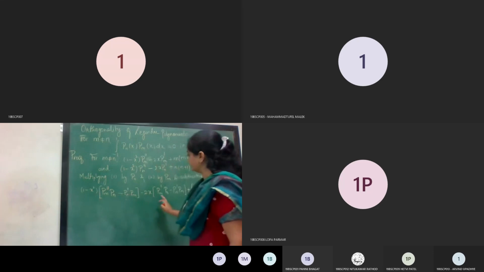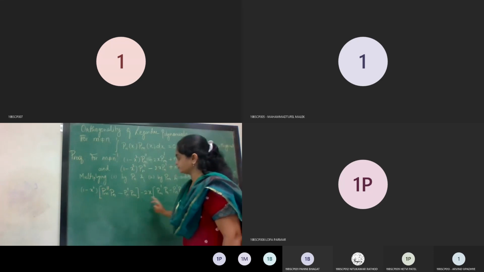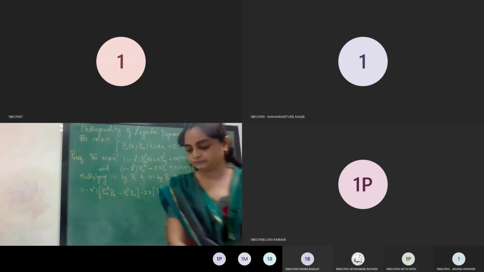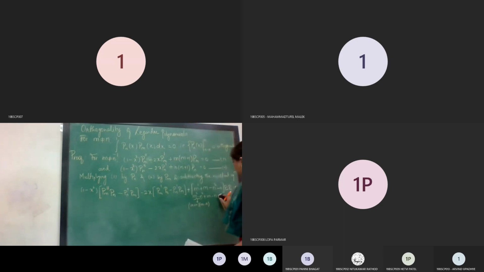We are going to combine these two terms. How are we going to combine these two terms? Let us see. I will write this term as m minus n, common, m plus n plus 1. So this will be this one.